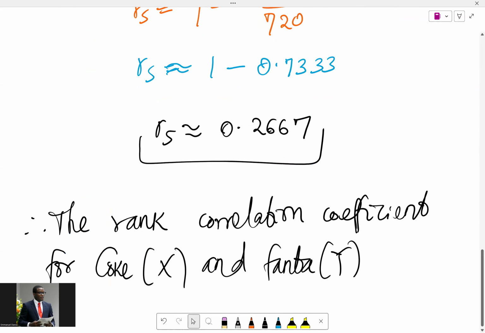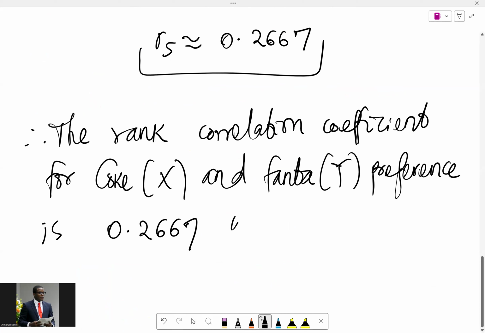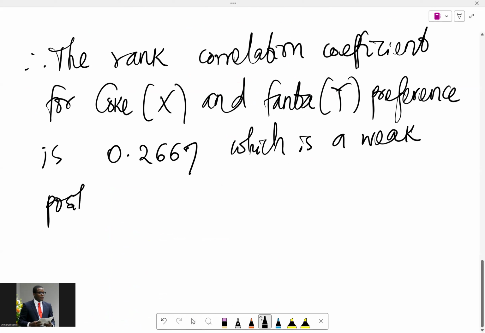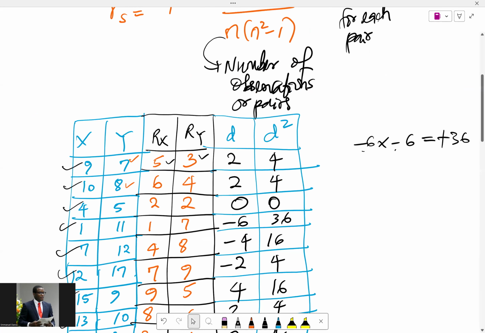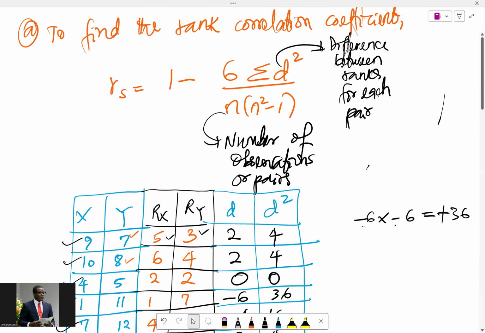The rank correlation coefficient for Coke and Fanta preference is 0.2667, which is a weak positive correlation. So the effects are not that strong. Basically, that's what that implies. So that goes, and then we can go to the B part and deal with that.